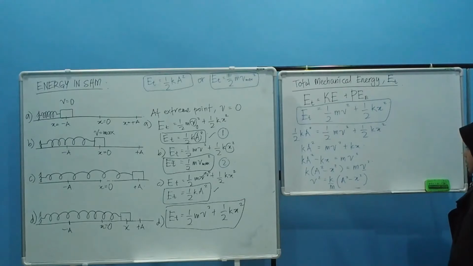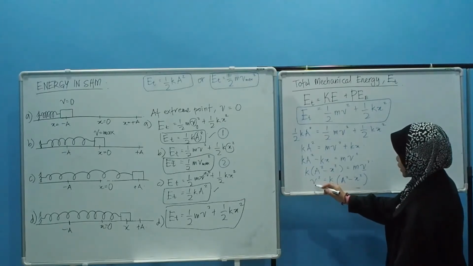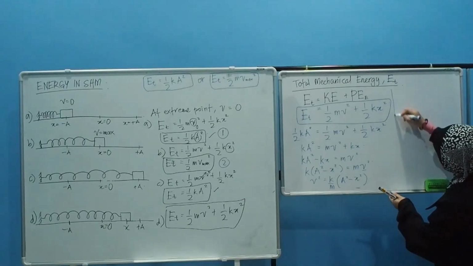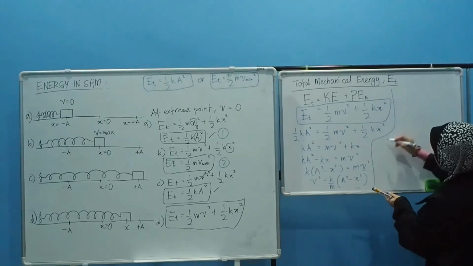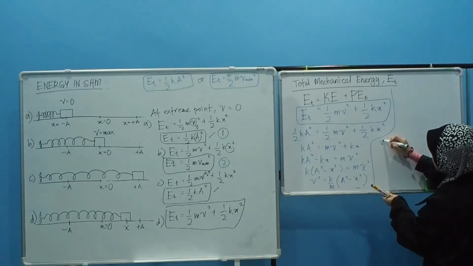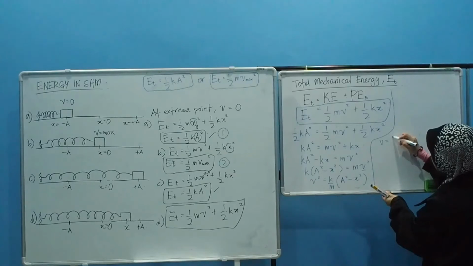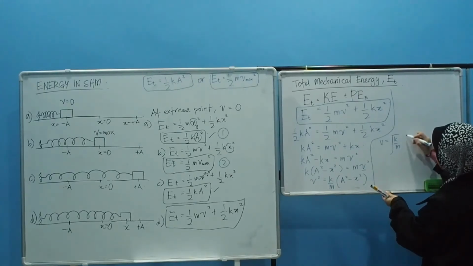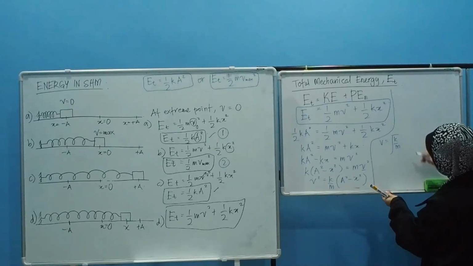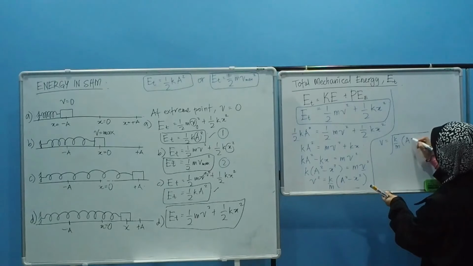Okay, so this is v squared, so I continue here. v is equal to square root of k over m, and then A squared minus x squared.